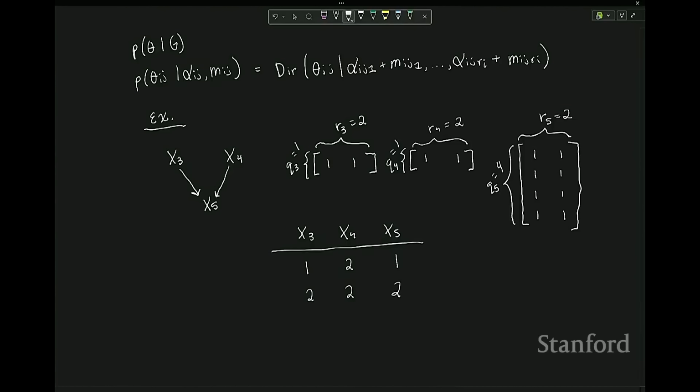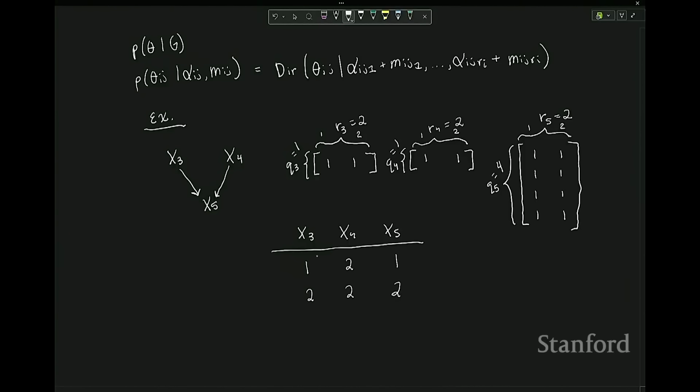I'm going to begin with x3 and x4 since those are easier. So for x3 here, we have one observation of it taking on value 1. And again, you can order the columns and rows in your matrices any way that makes sense to you. You just want to be consistent. But I'm going to order them so that the first column corresponds to value 1 and the second to instantiation of the node 2.